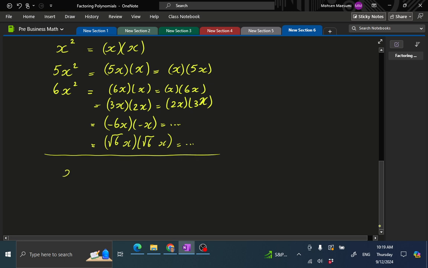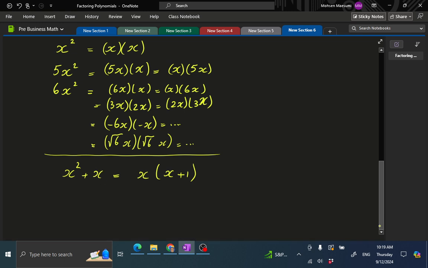Next, level up. What if I had x squared plus x? Obviously I can factor out an x, since there's an x present in both of these terms, so I can write it as x times (x plus 1). So x times x is going to be my x squared, and x times 1 is my x.